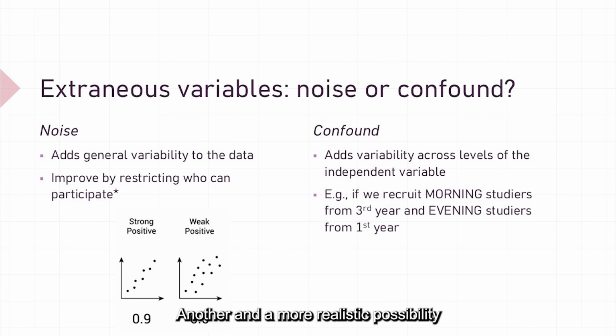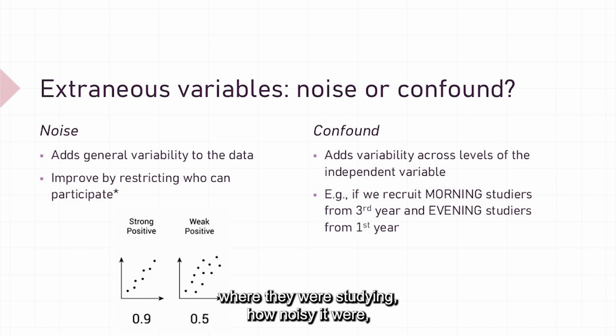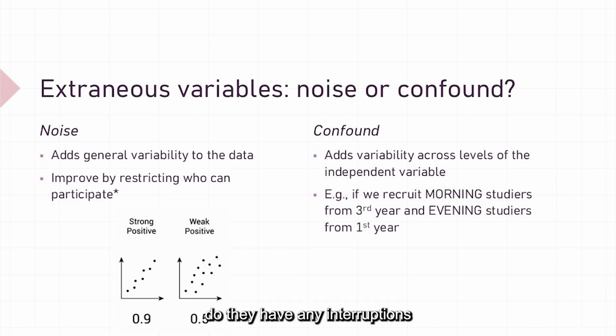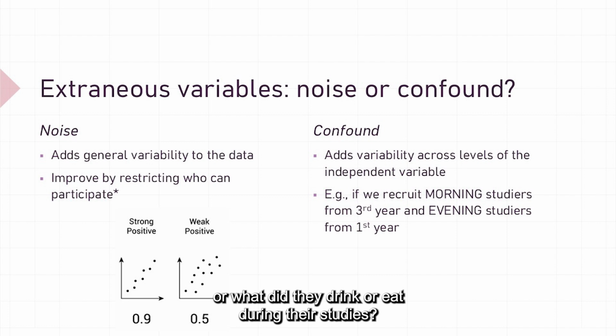Another, more realistic possibility is to just ask students to keep notes on where they were studying, how noisy it was, whether they had any interruptions, and what they drank or ate during the studies.